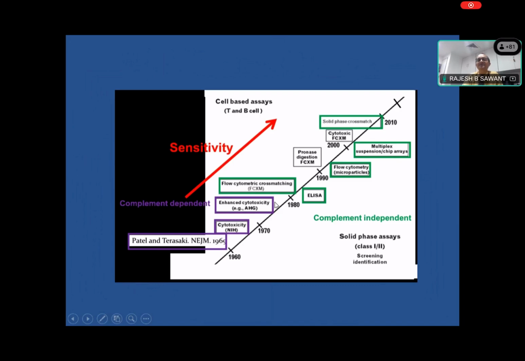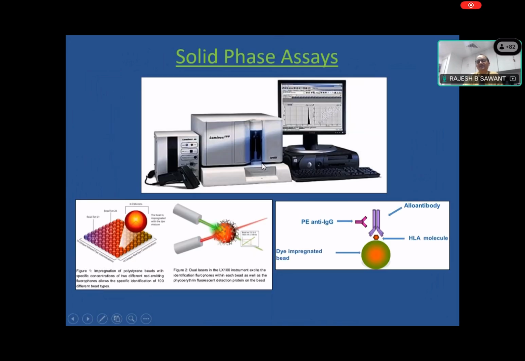Later on, you had various modifications to these CDC methodologies, like adding the anti-human globulin to enhance the cytotoxicity or the sensitivity of this test. Then very soon we had the ELISA-based test and the flow cytometry-based assays. And today, the solid phase assays are available, and we use a combination of at least 2 different technologies to make the clinical decision in this transplant scenario.